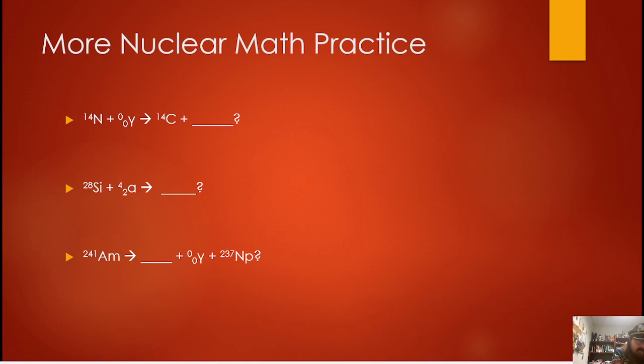If I slam an alpha particle into a silicon, silicon is, of course, 14. And if you let americium naturally decay, americium is element 95. It's going to decay down into gamma and neptunium and what else?